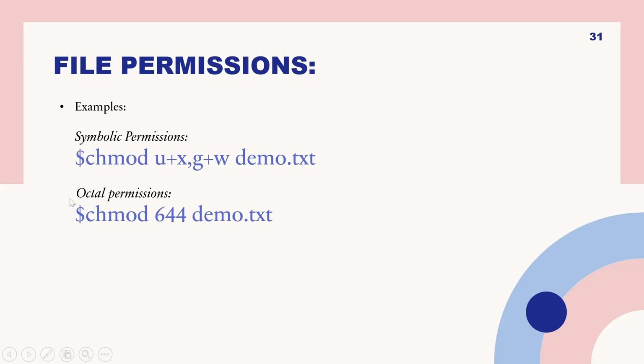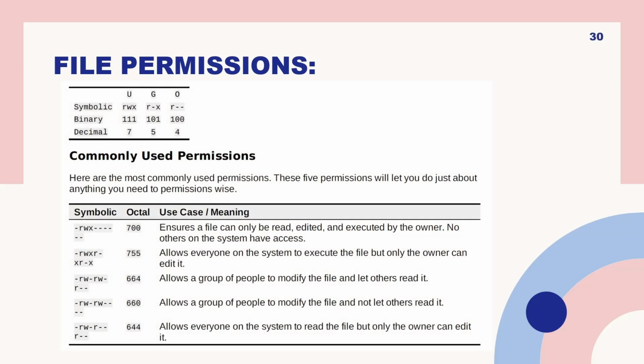What about octal permissions? chmod 644 means the user will have permission to read and write, because 6 is read and write.